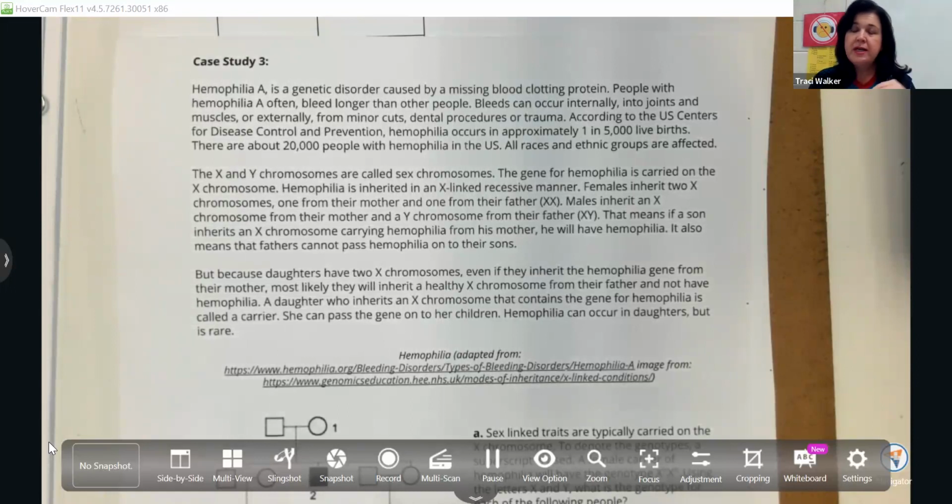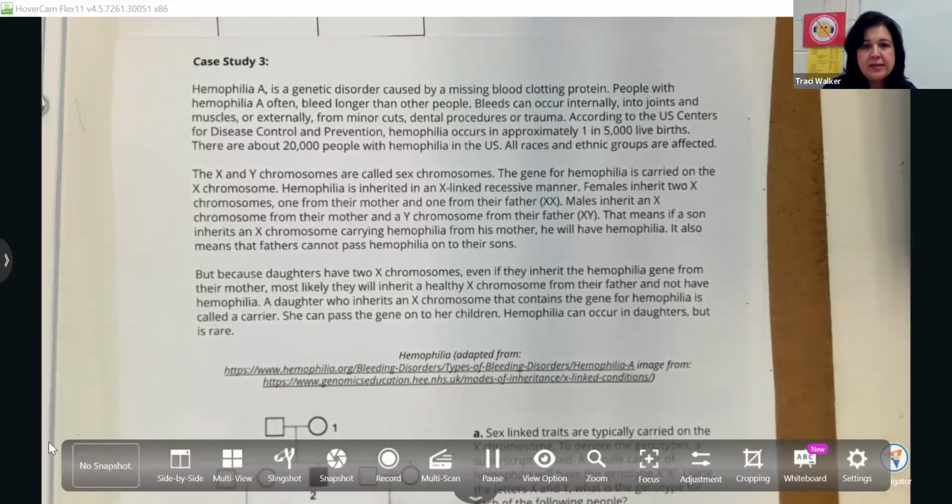And since girls have 2 X chromosomes, they have a good chance that one of their X chromosomes will have the dominant gene, even if the other one has the recessive. So girls are not as likely to get hemophilia as boys for that reason.